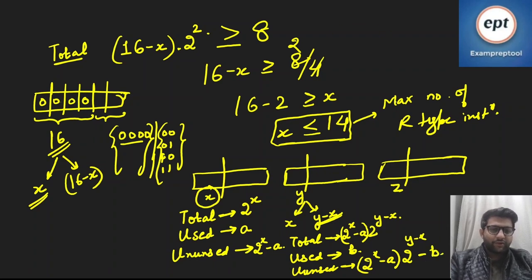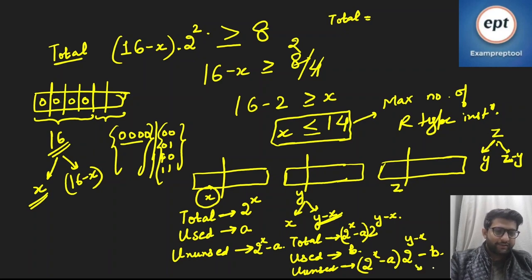Now again, for z, if z is the largest opcode out of these 3, you can first divide z as y and z minus y. And you can calculate the total by the unused value.